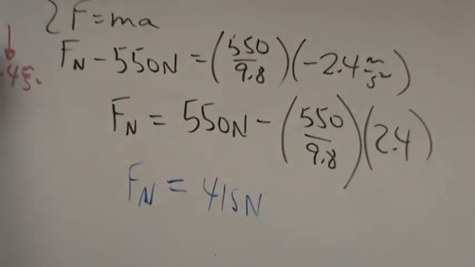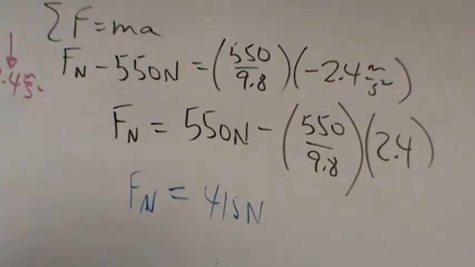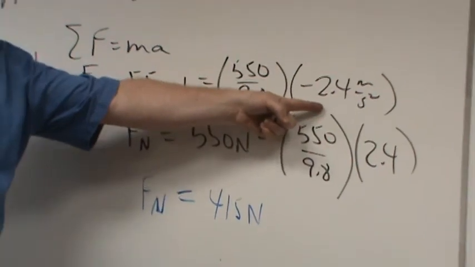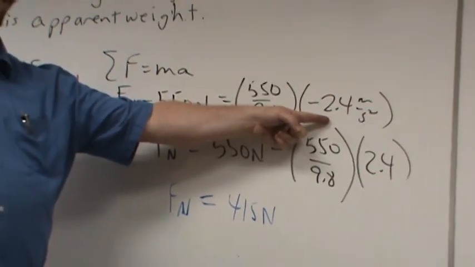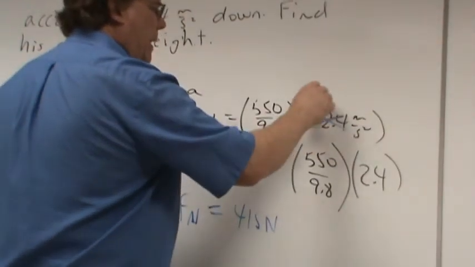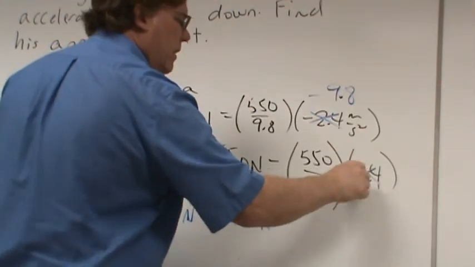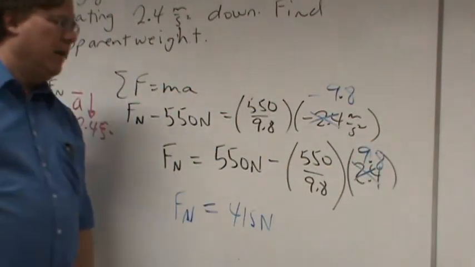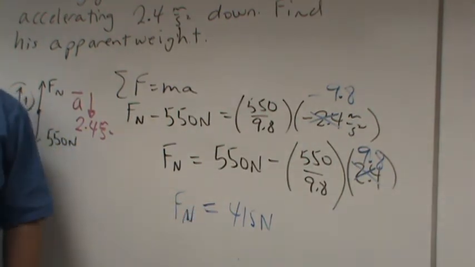But what if I cut the cable? What if I cut the cable? So now, what would his acceleration be instead of negative 2.4? Negative 9.8, right? So tell me, what would his apparent weight be now?